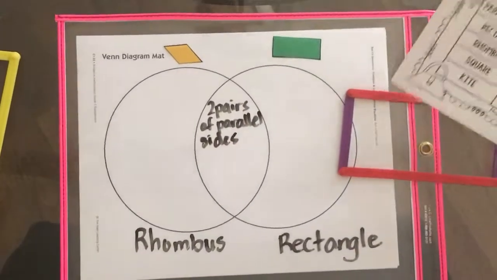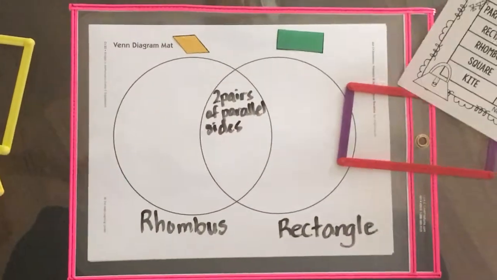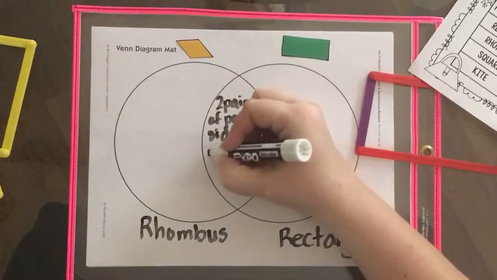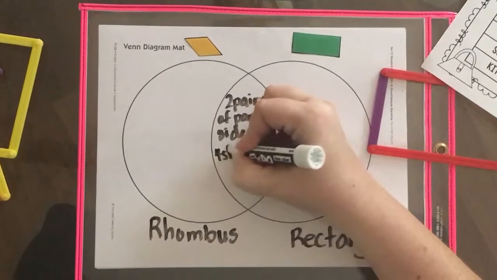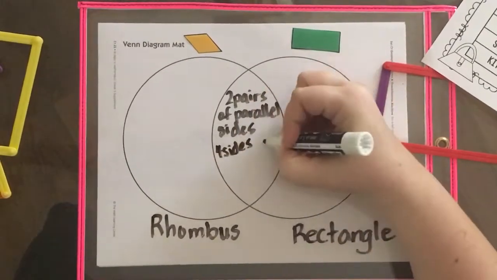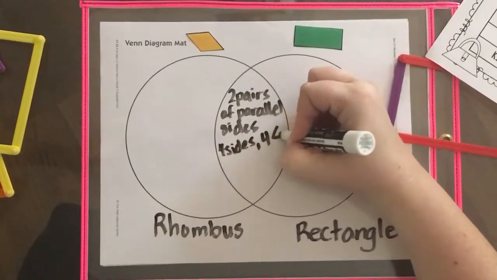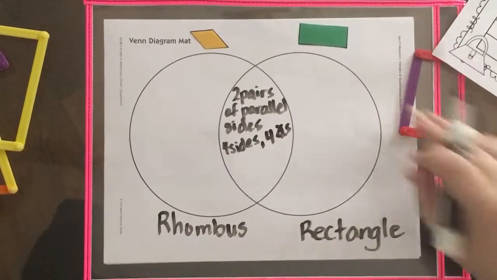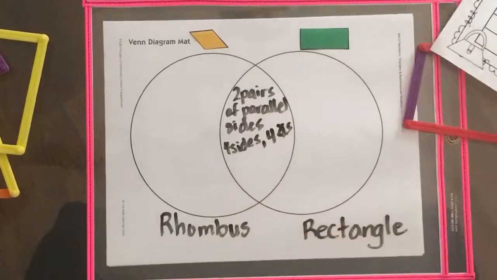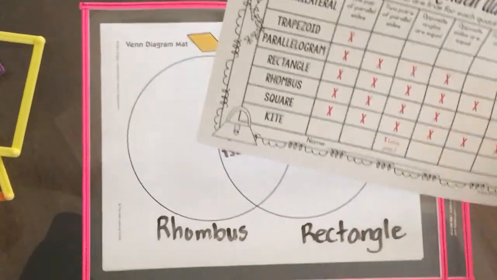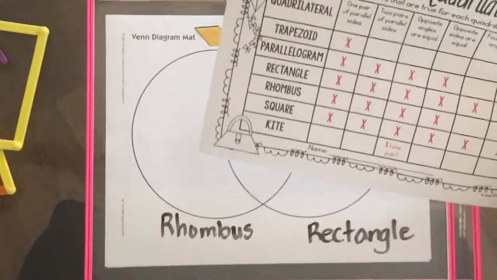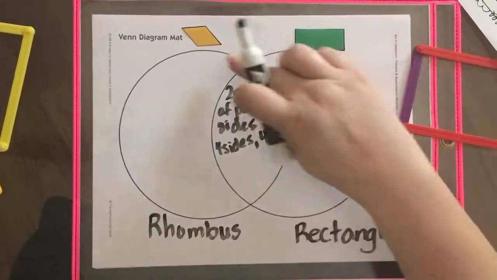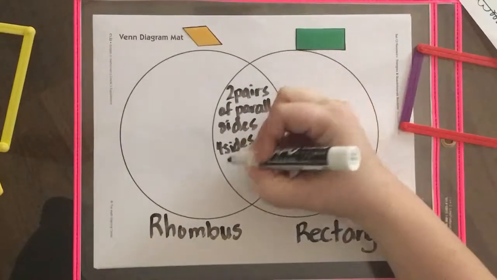We can also see that both shapes, right here, have four sides and four angles. One thing that your students also can note from that, which was not found actually on our attributes chart, is that the opposite sides of each figure are congruent.